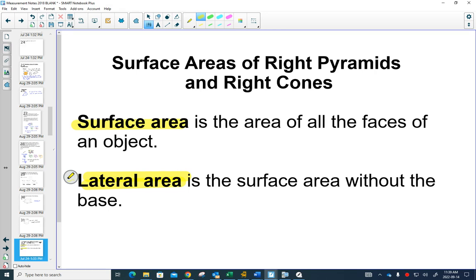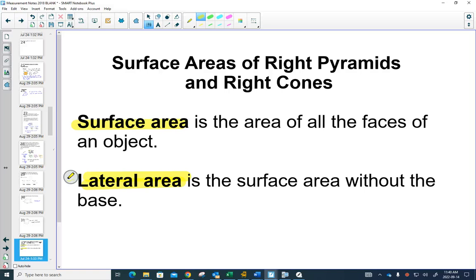You might like to highlight definitions as well. Slight definition changes. We have surface area and we have lateral area. Lateral area is all the surface area but without the base. Surface area is, right, everything and the base.